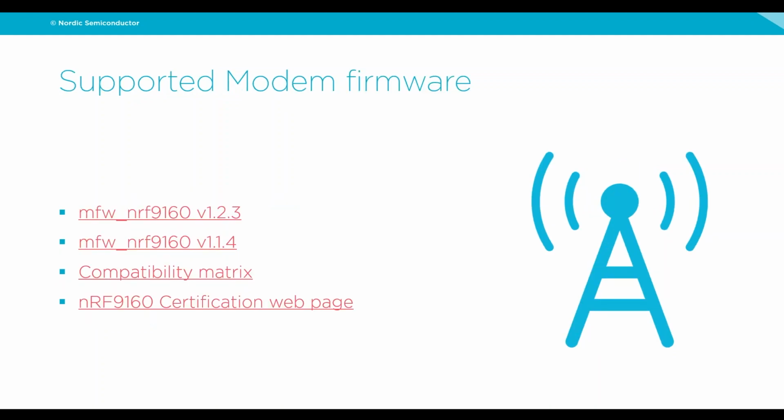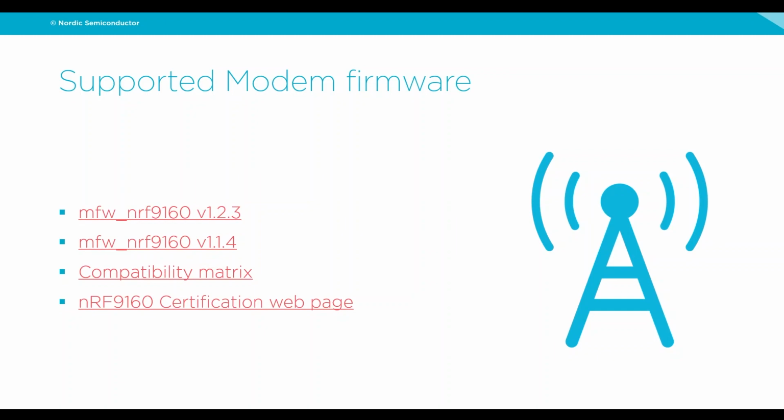Then we have the supported modem firmwares. nRF Connect SDK version 1.5.0 supports both modem firmware 1.2.3, but also version 1.1.4. When to use which modem firmware, you can go into the compatibility matrix on infocenter.nordicsemi.com and see for which regions and which operators the different versions are certified for.